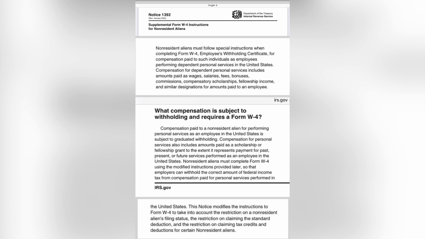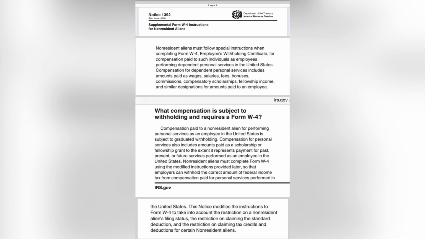Compensation for dependent personal services includes amounts paid as wages, salaries, fees, bonus, commission, compensatory scholarships, fellowship income, and similar designations for amounts paid to an employee." Under what compensation is subject to withholding and requires a Form W-4, it will tell you one more time. And you can stop the video and take your time reading it.